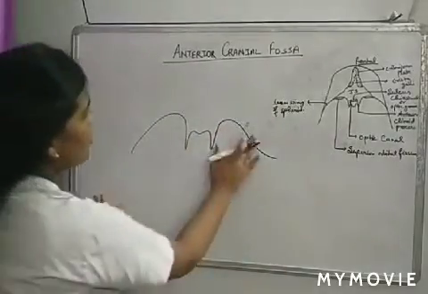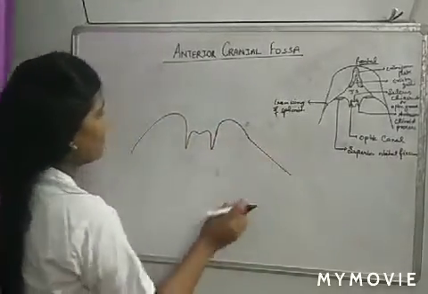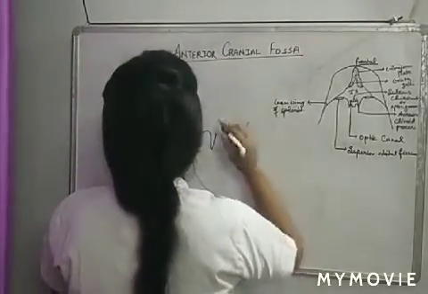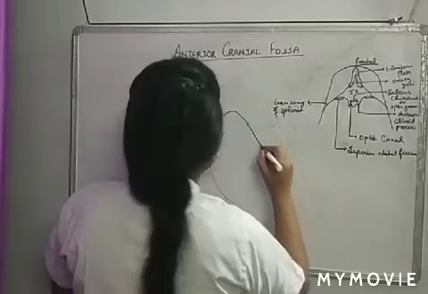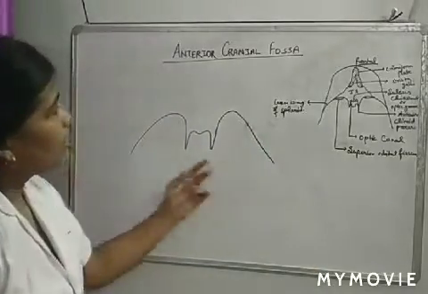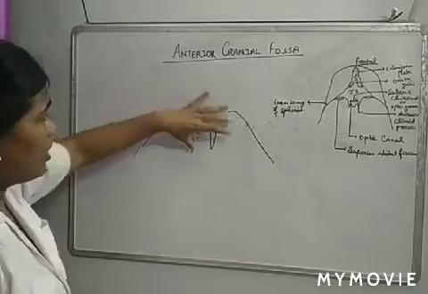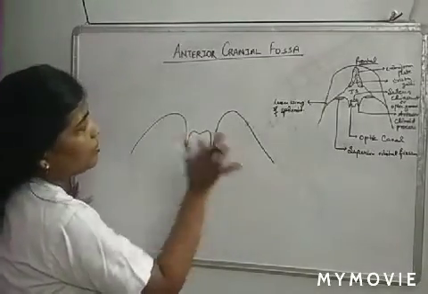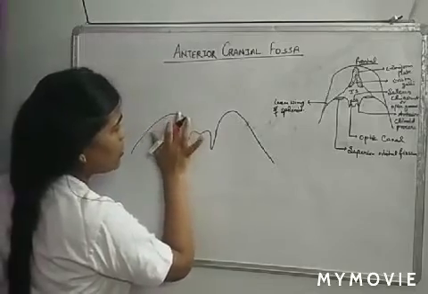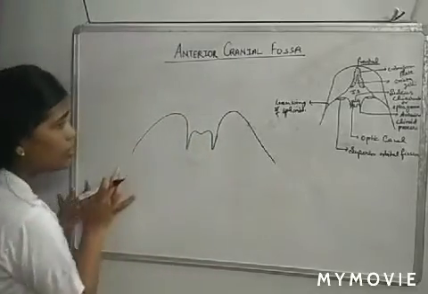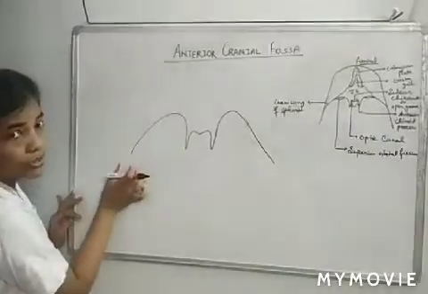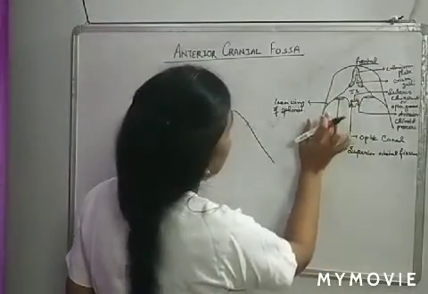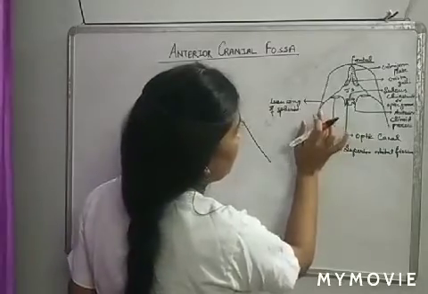This is the lesser wing of the sphenoid. Medially, the lesser wing of the sphenoid is broader, and when it goes laterally, it gets narrower.